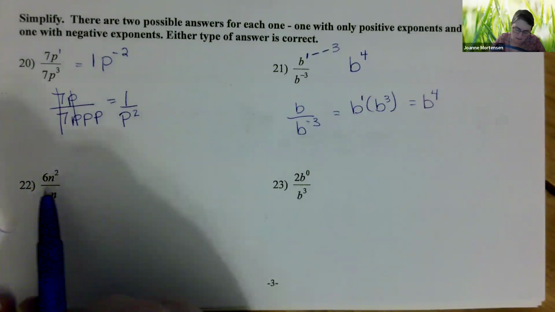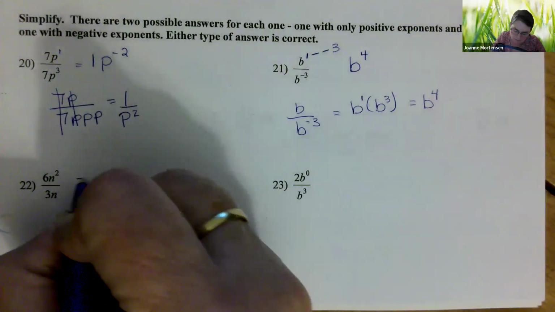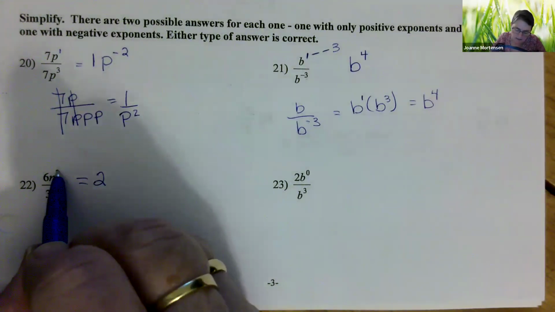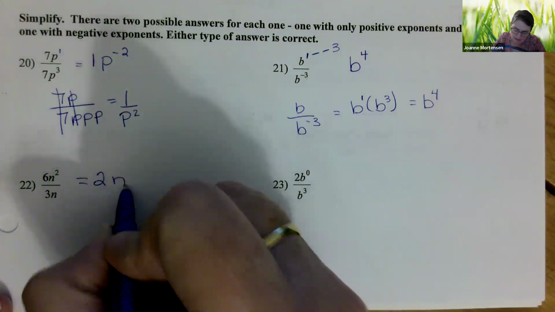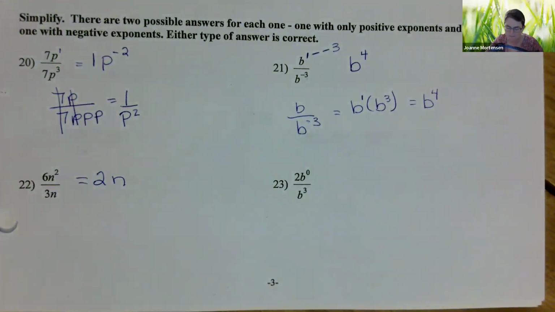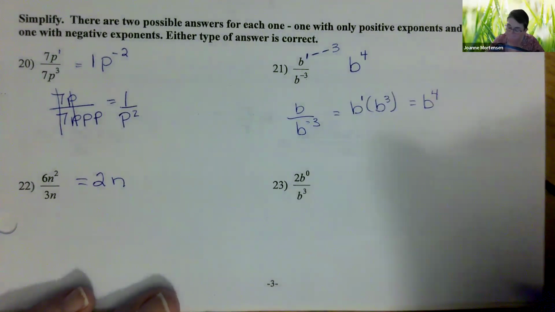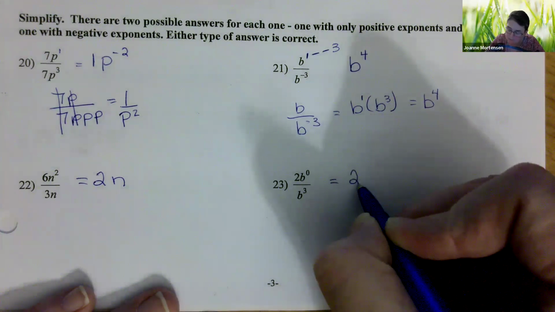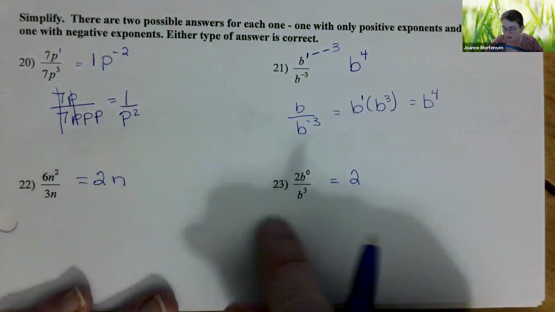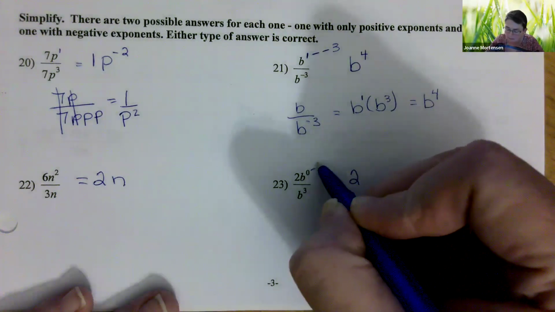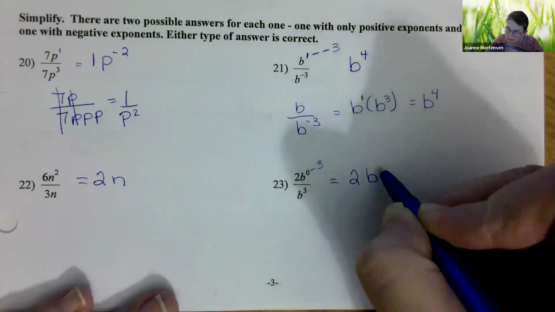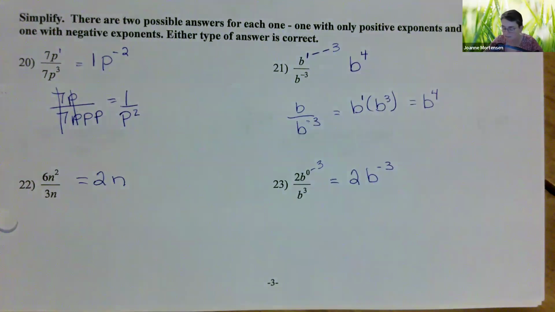All right, here we go. 6 divided by 3 is 2. n squared divided by n is n. Yeah, you're not getting a negative exponent on that one either. 2. That's easy. So now I can just go 0 minus 3. So b to the minus 3.